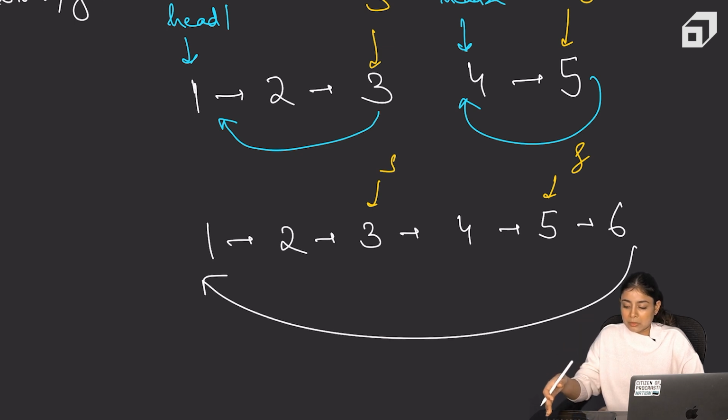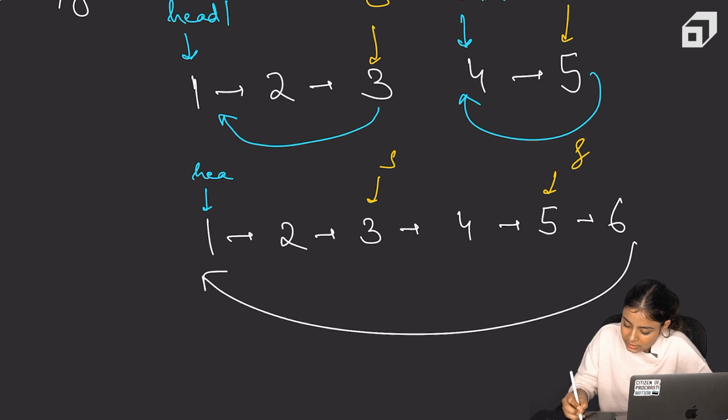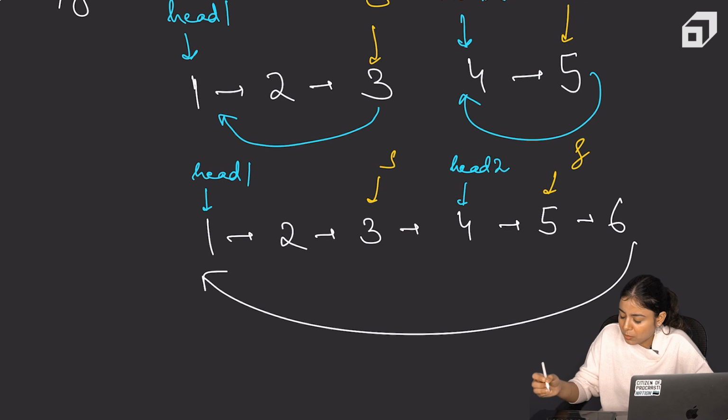Now, when fast has reached the second last node, we will stop and we'll say, okay, now my slow pointer is at my middle node as it is here. So we'll define our 2 heads. Head 1 will be at the original head, head 2 will be at the node after the slow pointer.